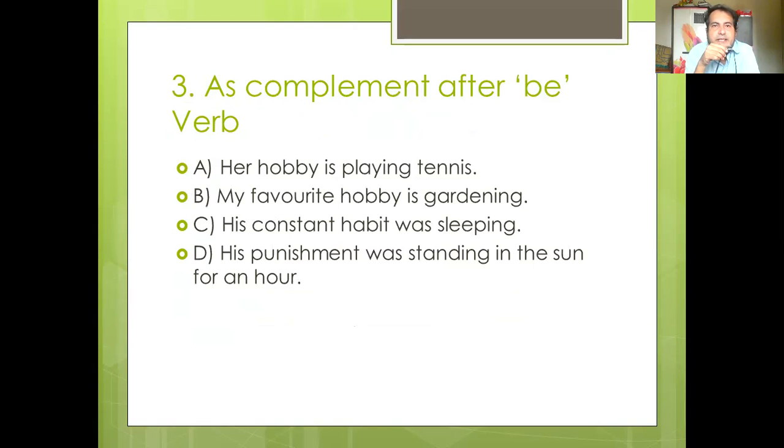Now, a gerund can be used as a complement after a be verb. Look at the examples. We know the be verbs: am, is, are, was, were, been. Now you see the gerund, how this is used after a be verb. Her hobby is playing tennis.